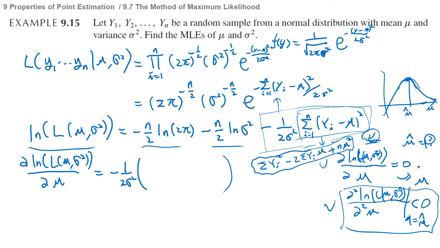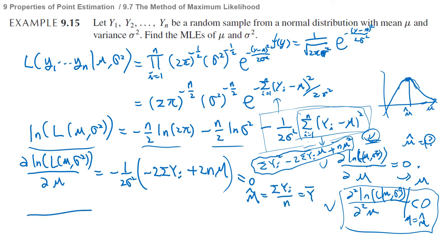This is minus 2 sum of yi plus 2n mu, and we set this to 0 and solve it for mu. Then we find that mu hat is sum of yi over n, which is y bar.